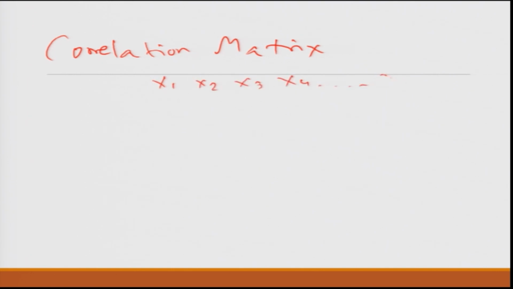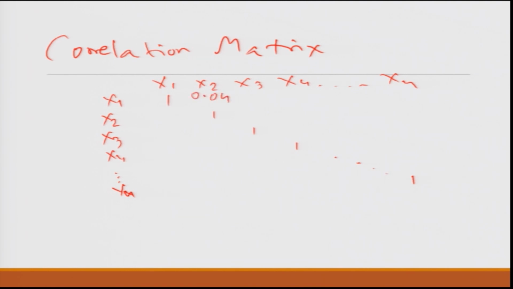One of the methods is the correlation matrix. In a correlation matrix, you take all the variables x1, x2, x3, x4 up to xn, and you find out the correlation between them.